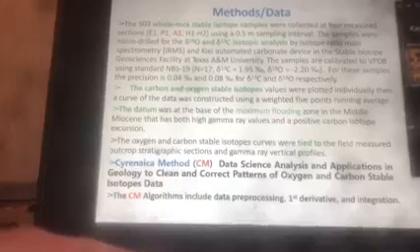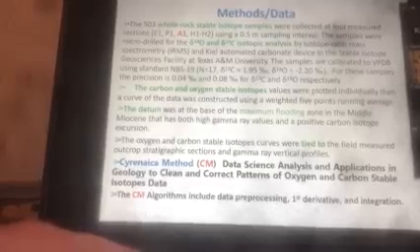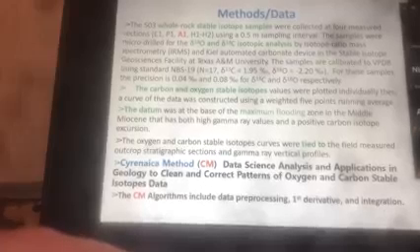The Cyrenaica method algorithms include 3 steps, basically. Data pre-processing, this is before you start. You have to pre-process your data, and then you get the first derivative of your data, and then integrate your data values, either oxygen values or carbon values. You do them one by one.